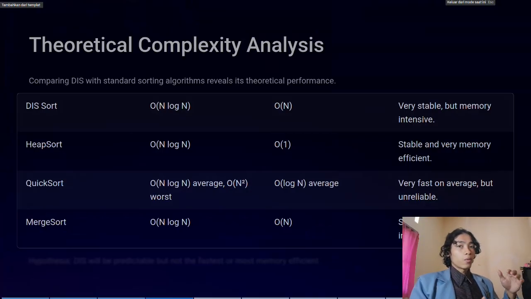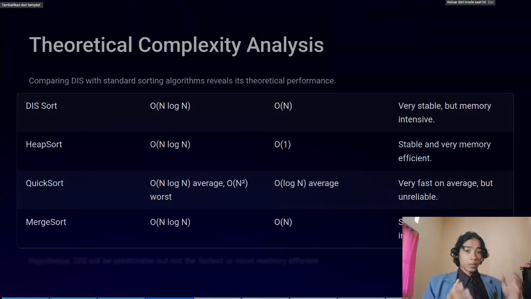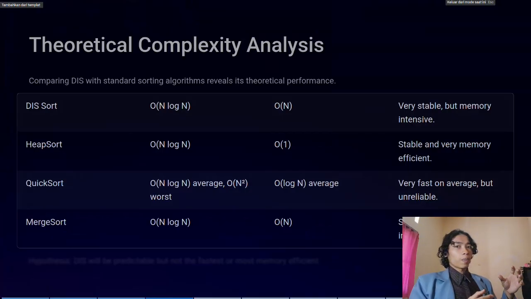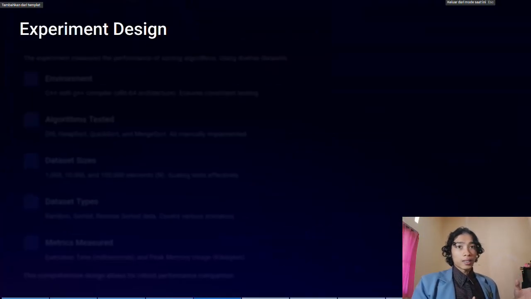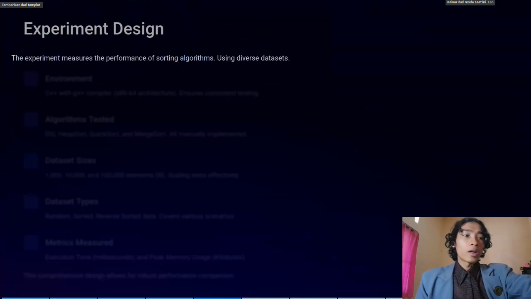My main hypothesis before the experiment was this: DIS will be predictable, but likely not the fastest. To prove the hypothesis, I designed a rigorous experiment. I implemented DIS and three main comparison algorithms in C++.